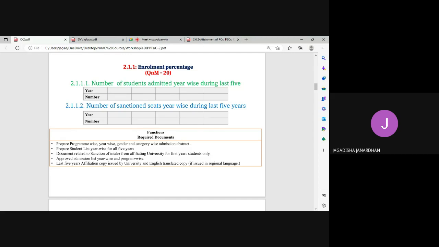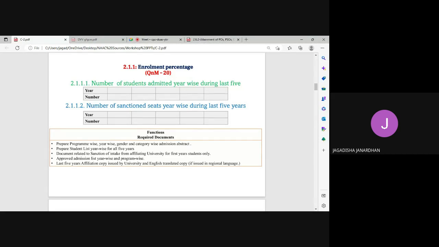that number of seats needs to be mentioned, together with all the programs we are offering in our institution. Suppose you are offering 4 programs as per the affiliation letter, but only 3 programs are functioning, then you are supposed to mention all 4 also. Because while submitting the IIQA, we need to update the sanction letter.